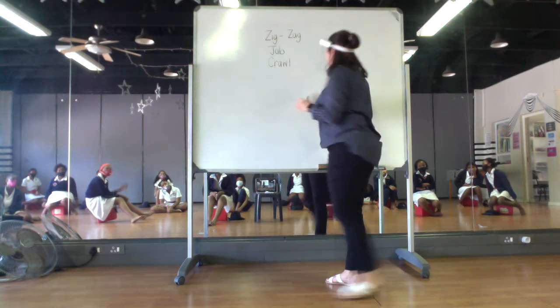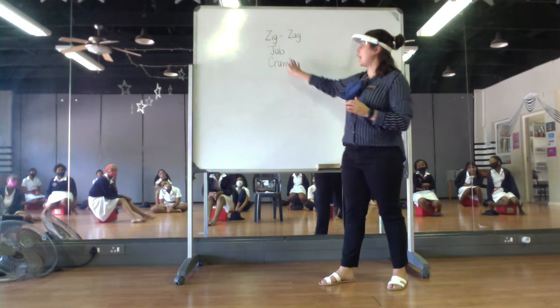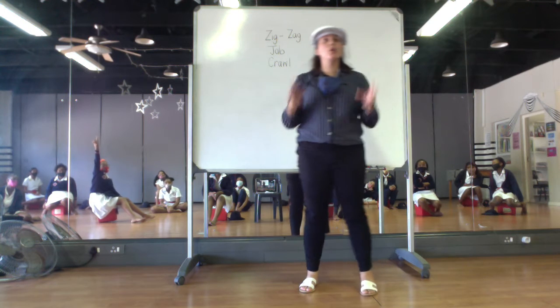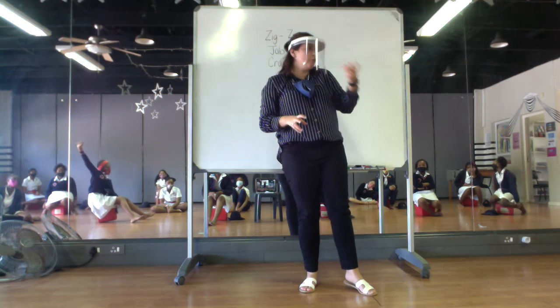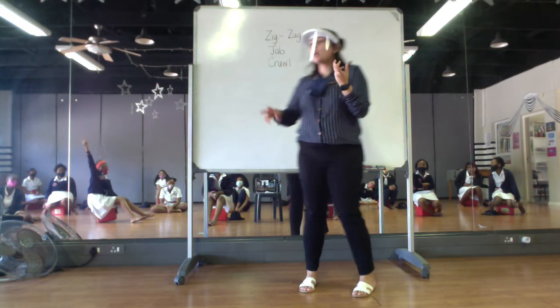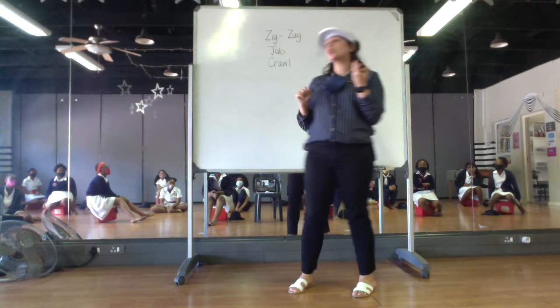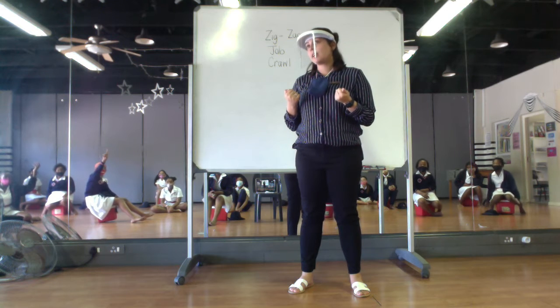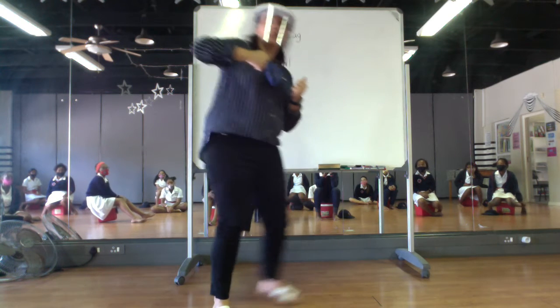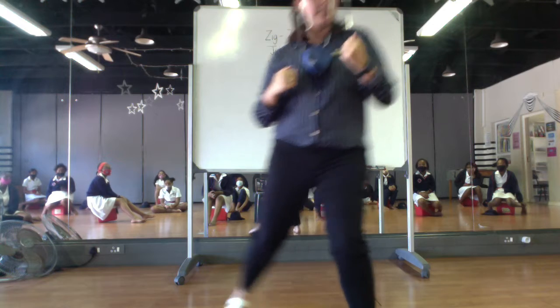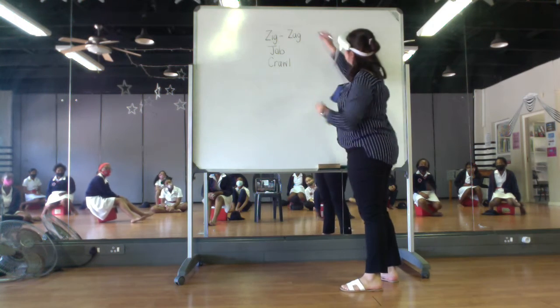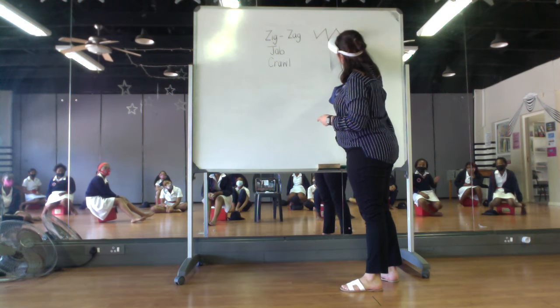As you can see, I've got zigzag, jab, and crawl. These are 3 movement words because they tell you a certain type of movement to use. When I say zigzag, what could I mean in terms of movement, Zoe? You could create the pattern, because zigzag looks like this.